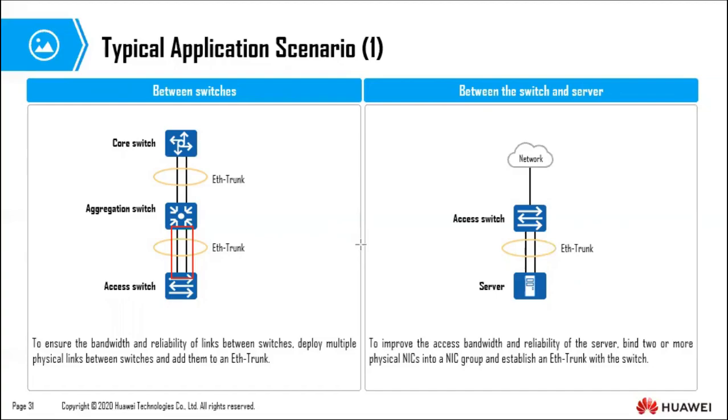Confused? Why do we say that we need to configure STP if we are having a backup link between two switches? We're having these two switches, and we have one link and a backup link.